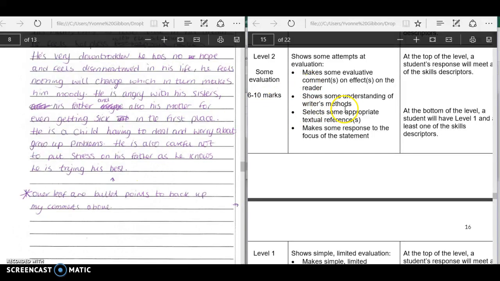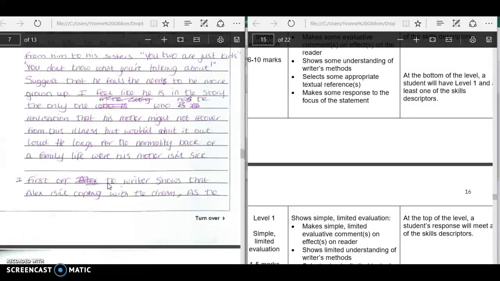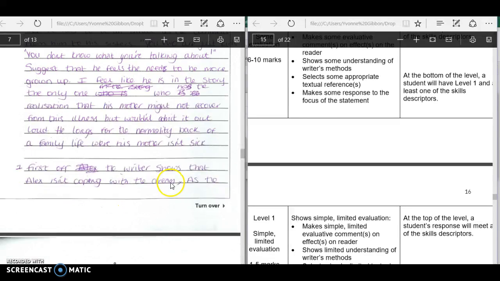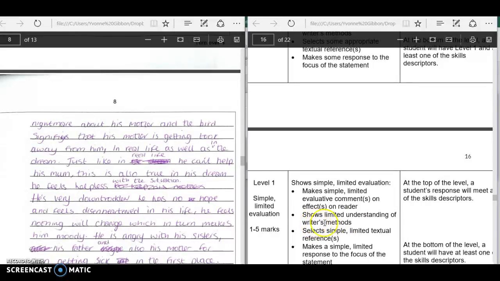Again, shows some understanding of the writer's methods, or shows limited understanding of the writer's methods. Mostly you've mentioned that the writer shows he's not coping with the dream, but again, the dream isn't in the part that you should be considering. So in that one, I think it's got to be level 1.